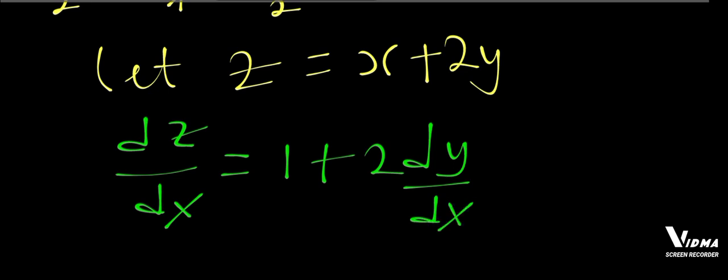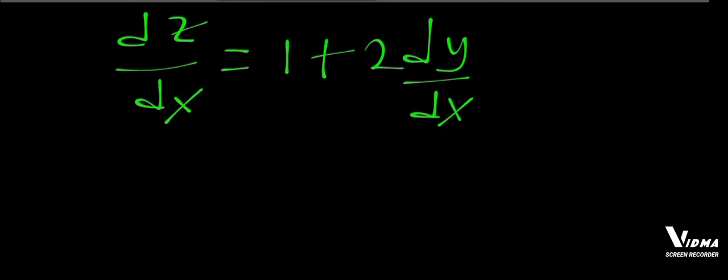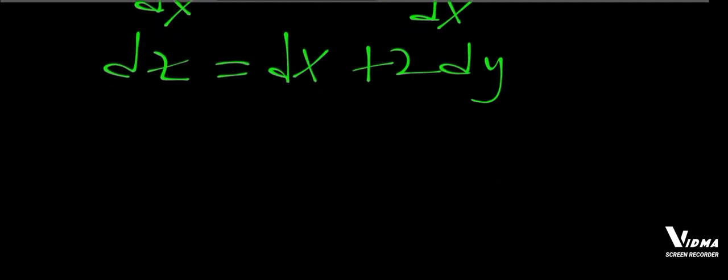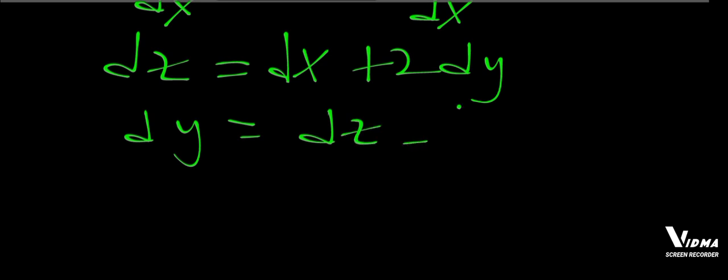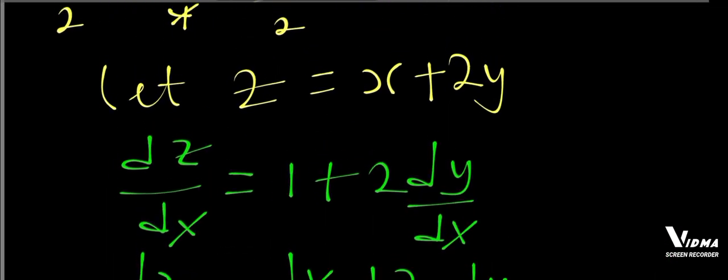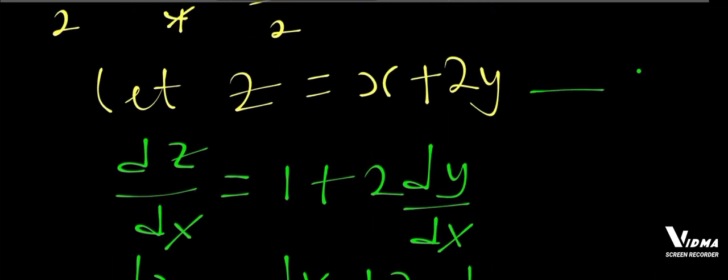And now we are going to try to make dy the subject here. So first we multiply through by dx to get dz being equal to dx plus 2 dy. And making dy the subject, we are going to end up with dy being equal to (dz minus dx) all over 2. So I'm going to name this my equation 2, and this my equation 1.